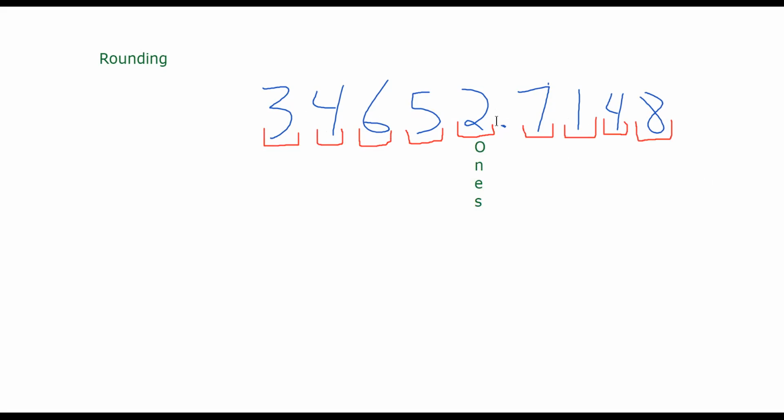It's the number immediately to the left of the decimal point. This is called the tens place, because when you're saying 50, what you're really saying is 5 tens. This is the hundreds place, because when you're saying 600, you're really saying 6 hundreds. This is thousands.